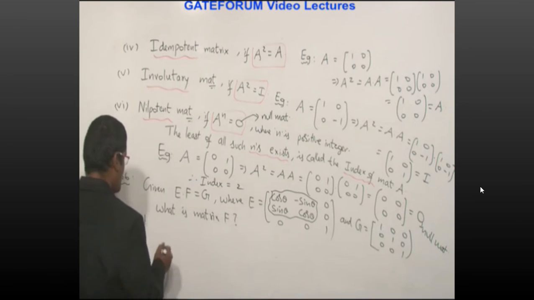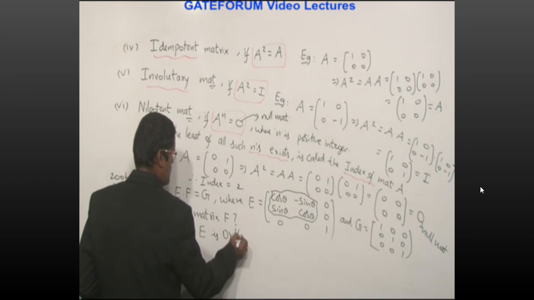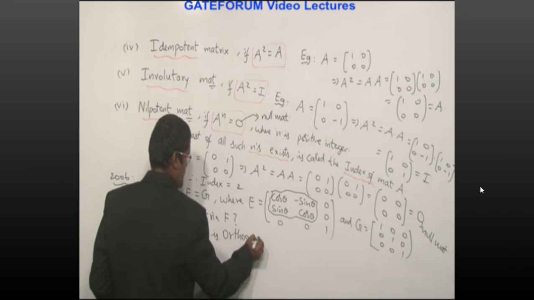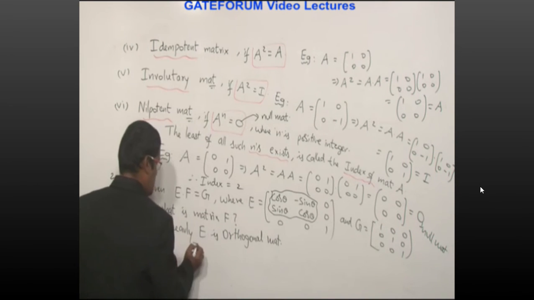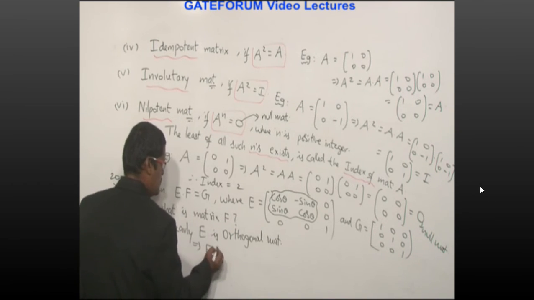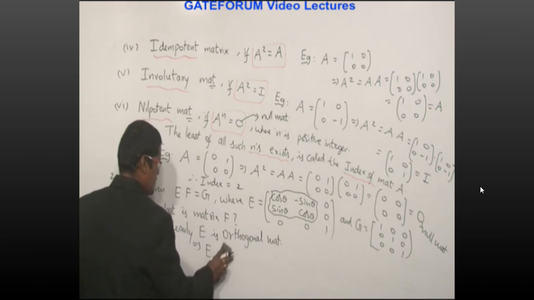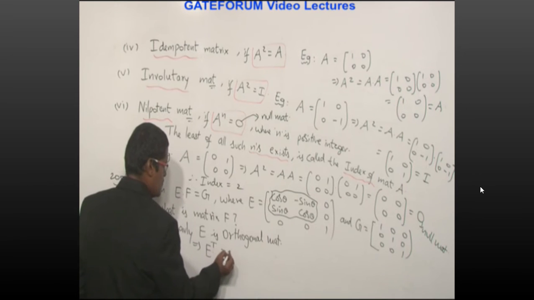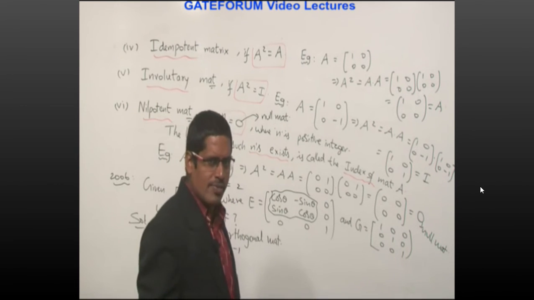So clearly E is an orthogonal matrix. Now it implies automatically E into E transpose, that you already verified, is I. When it is an orthogonal matrix, transpose is equal to inverse.